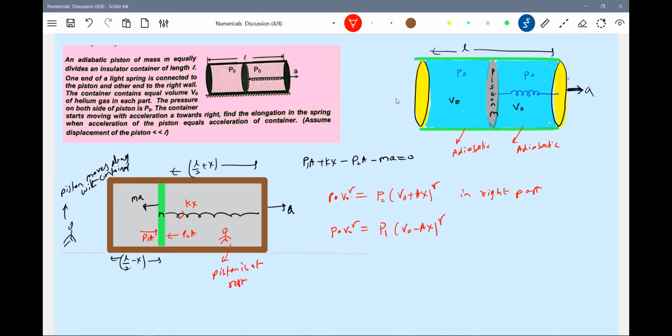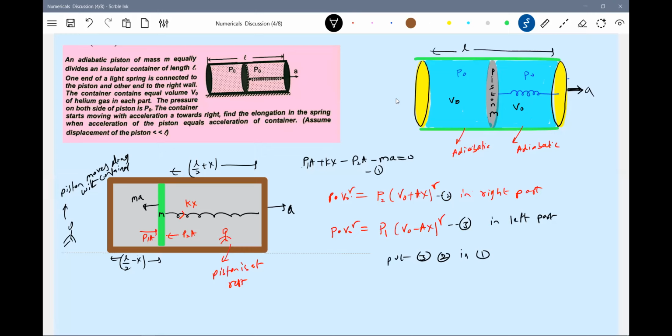He's asking only to get the value of X, but we don't know P1, P2. So the best thing you can do is substitute P1, P2 here in this equation: put 3, 2 in 1. Then we'll solve it.